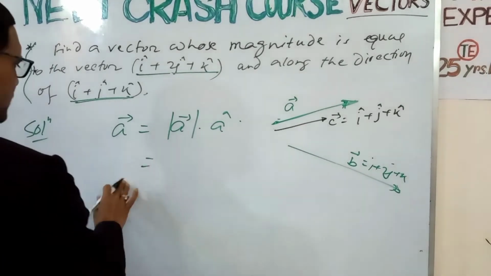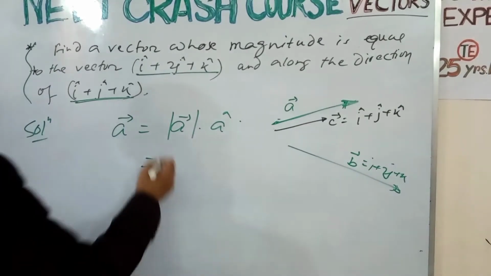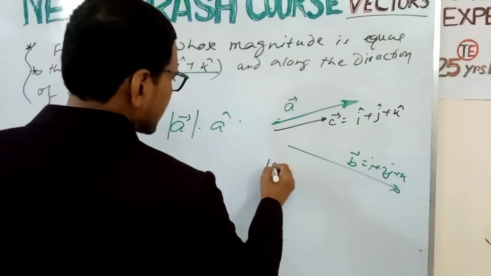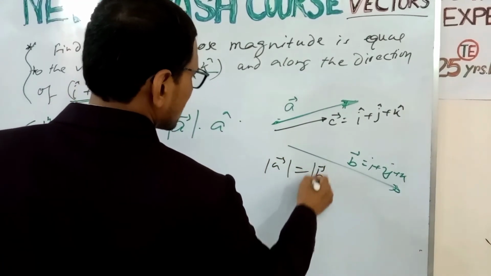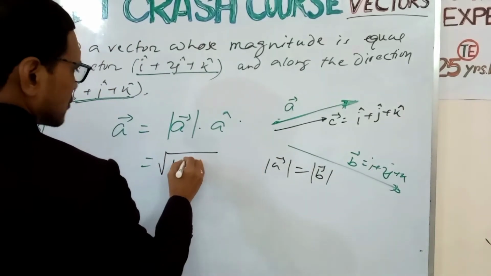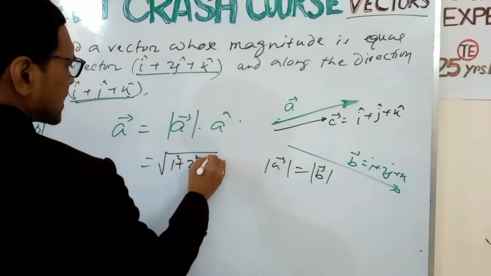So here we have to write this in this form. Now the magnitude of A and the magnitude of B are equal. So we take the magnitude of B equal to root over 1 plus 1 square plus 2 square plus 1 square.